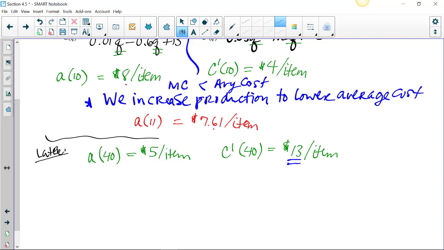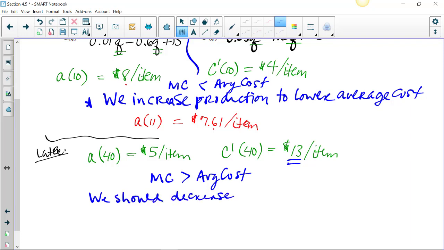If I produce another item, it's $13, whereas my average cost per item is $5. Since marginal cost is greater than average cost, what should we do? We should decrease production.